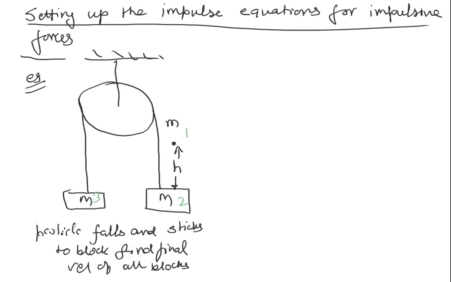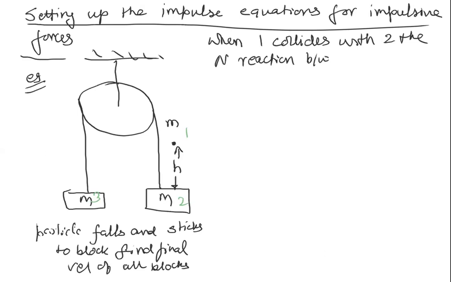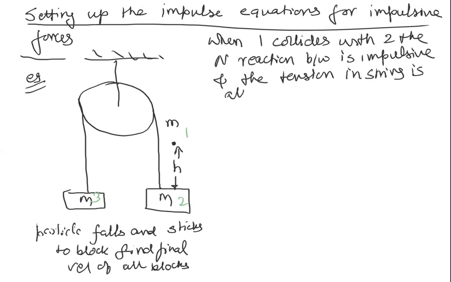So what do I mean by this? So when 1 collides with 2, the normal reaction between them is impulsive, and the tension in the string is also impulsive.